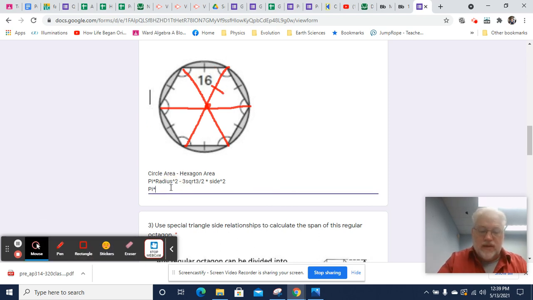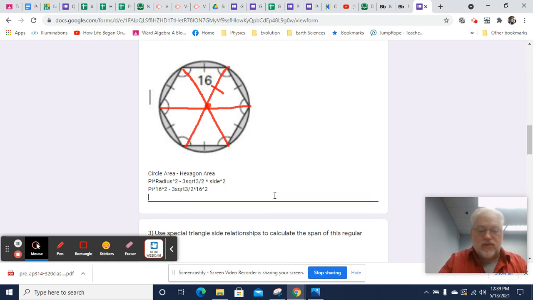So it's pi times 16 squared, and that's going to be minus 3 square root of 3 over 2 times 16 squared. So 16 squared is showing up in both of those. So I could actually pull the 16 squared out. That's going to be 256, 16 squared.